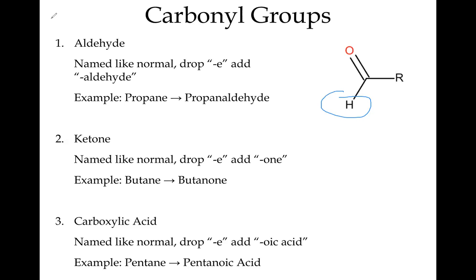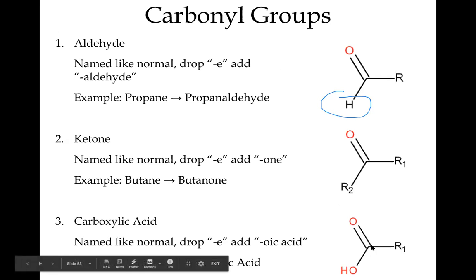If it's a ketone, remember, a ketone is a carbon-oxygen double bond with 2 carbons on either side. And so that would be -one for ketone. So butane would be butanone. And then a carboxylic acid is a carbon-oxygen double bond with a hydroxyl group at the end.